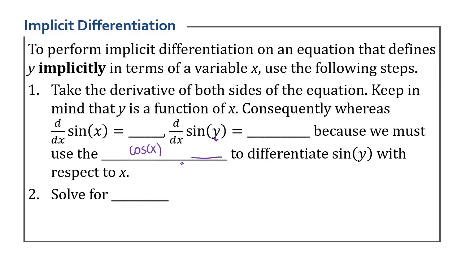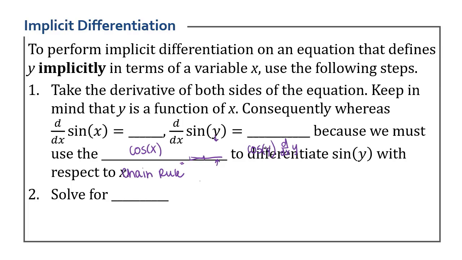So this is why we learn the chain rule first, because now we've gotten used to taking the derivative of a function with respect to the inside function. If we're doing that, this is where the chain rule comes into effect. The derivative of this would be the derivative of the outside with respect to the inside times the derivative of the inside function, because we must use the chain rule to differentiate the sine of y with respect to x.